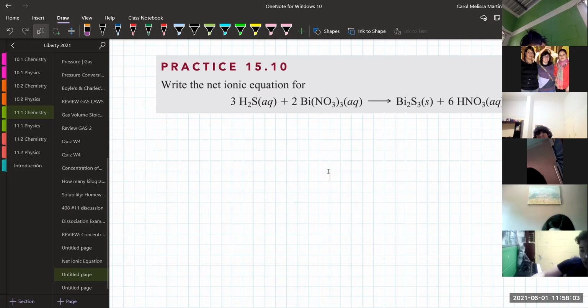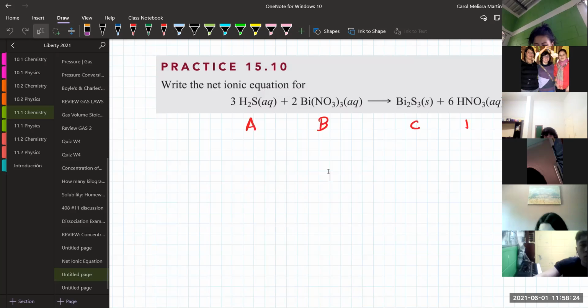So I'm asking you to write the net ionic equation. The first part we're going to do together, okay? You're going to tell me if we are going to dissociate each compound. So I'm going to call them by their name. This is going to be my compound A, B, C, and D.